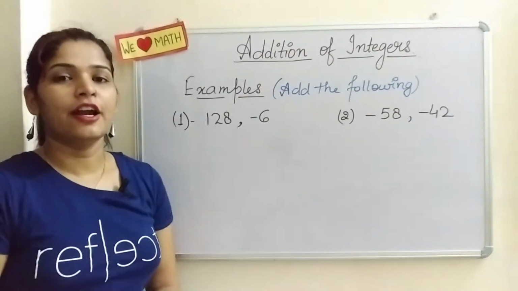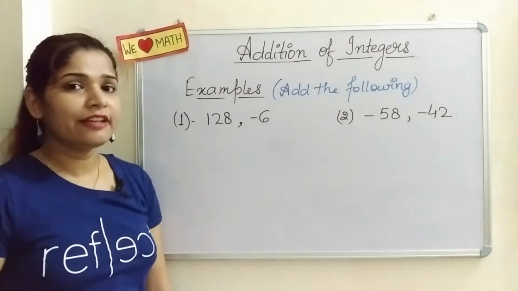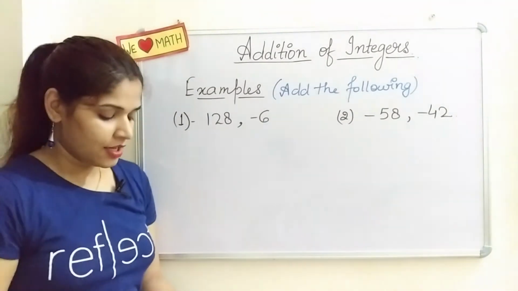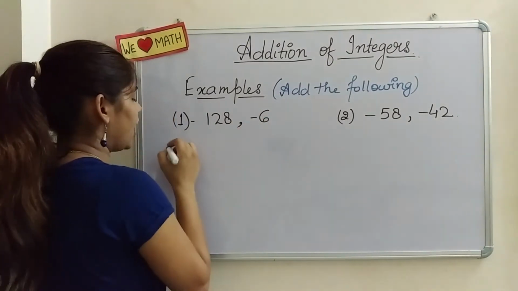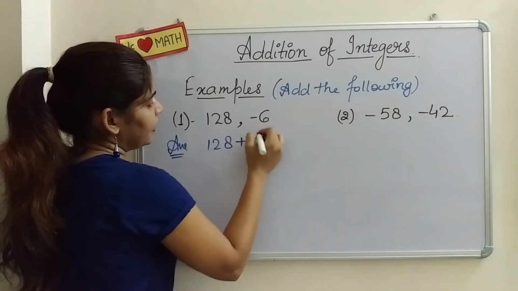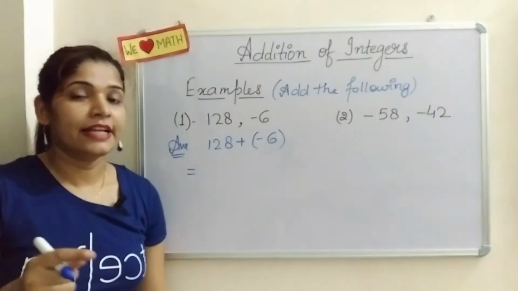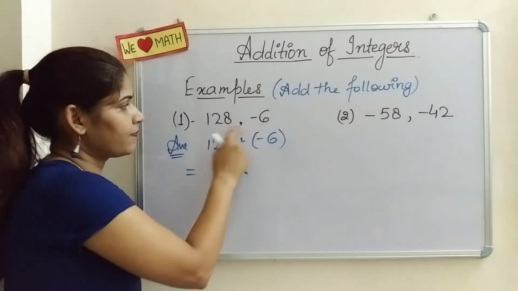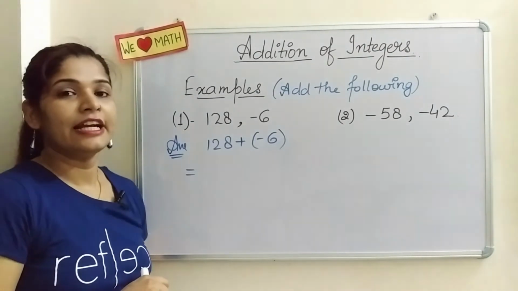So children, here we are with a few examples for add the following. Here we will quickly do the calculation orally without writing too many steps. We have to add these two integers: 128 plus minus 6. So what was the rule, children? First we have to see the case. It is the case where we have two different symbols, different integers.